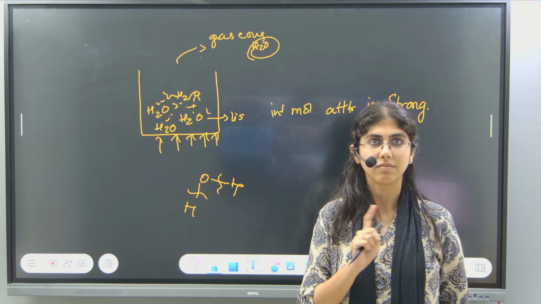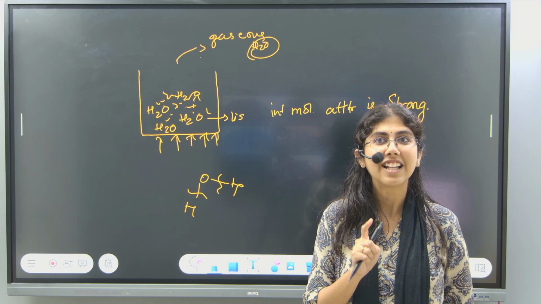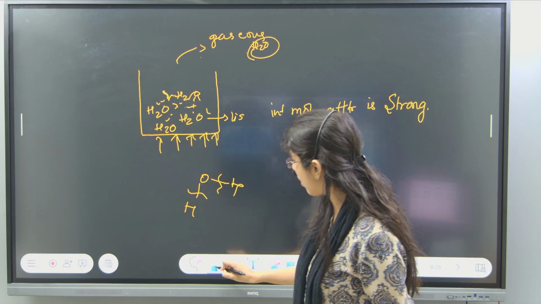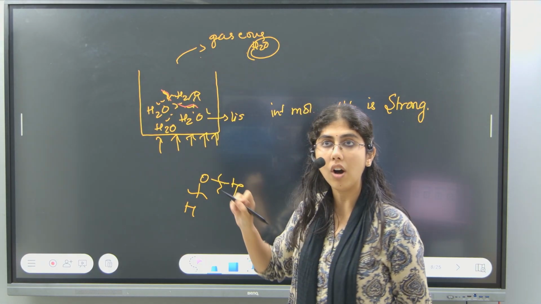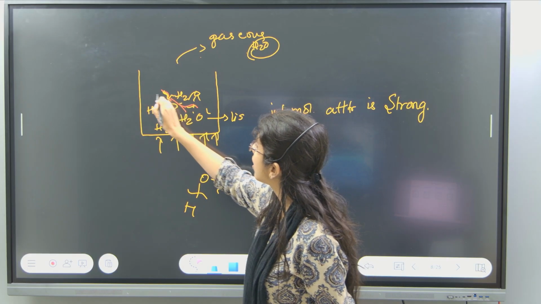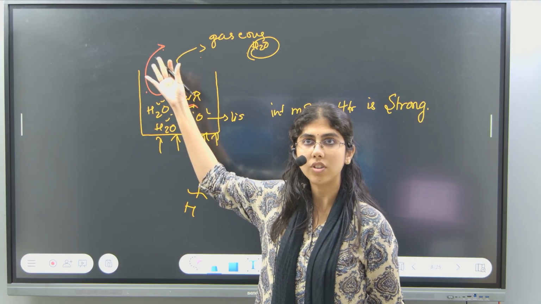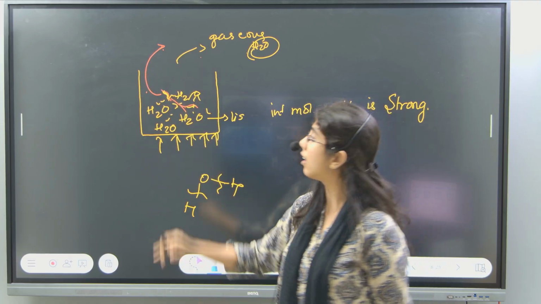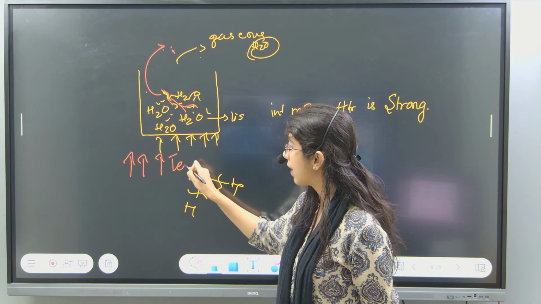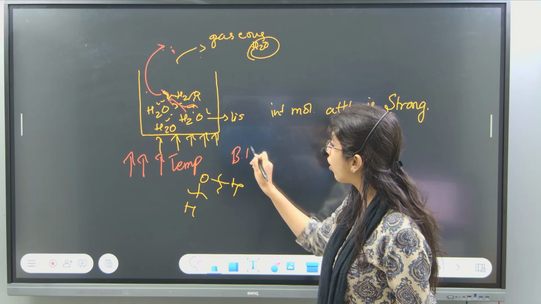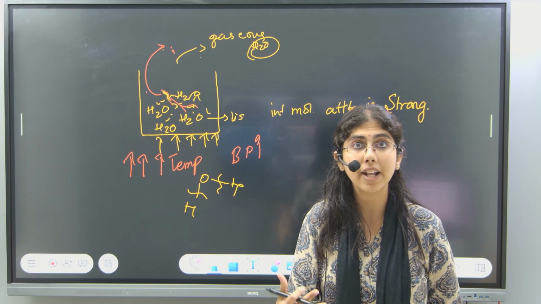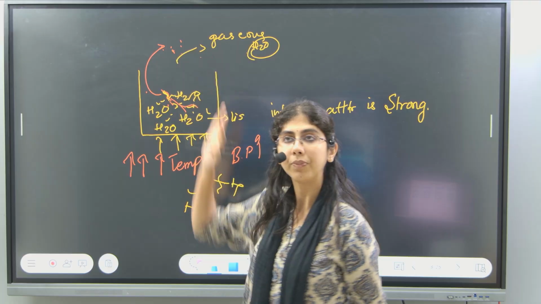No. So if the intermolecular attraction is very strong, it is very difficult for me to break it and convert the liquid into gaseous state. I have to supply high temperature. That means the boiling point of that liquid will be very high. It will require a high amount of heat or temperature to convert this liquid into gaseous state.